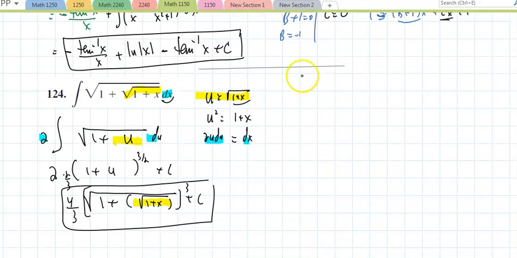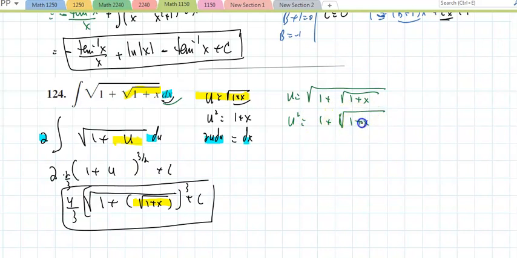And I've seen students do this. They let it be the whole thing. And they do the same idea. They square both sides. And they keep on saying, but I still need to solve for that x. So they subtract 1 from both sides. And they square both sides now.